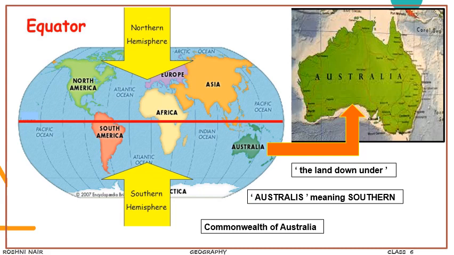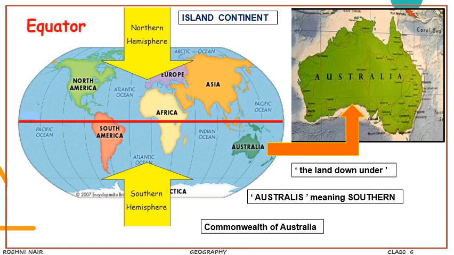You can underline the same on page number 133 of our textbook, first paragraph. It is often referred to as the land down under, first point to underline. Second is where it is derived from, the Latin word Australis, which means southern. And the last important point is Commonwealth of Australia, the official name of Australia.